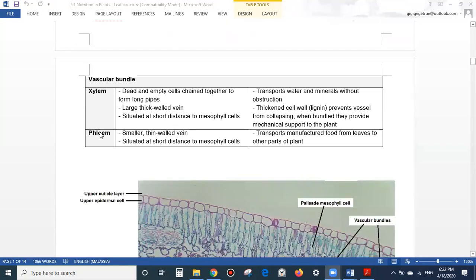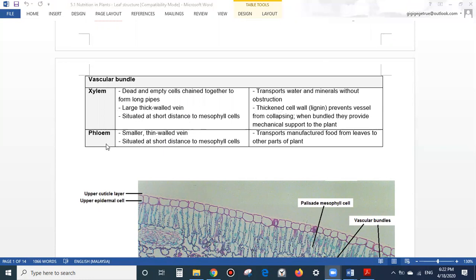So this is xylem and phloem. You will learn about this in more detail when you go into chapter 6. So we'll just briefly introduce xylem and phloem to you. Xylem is dead and empty cells. So basically its job is acting like a pipe to carry water from the roots to the leaf.